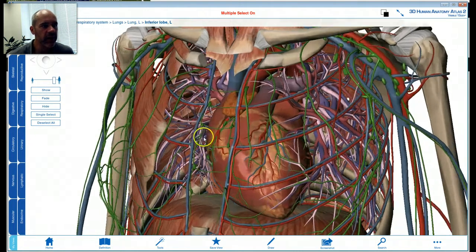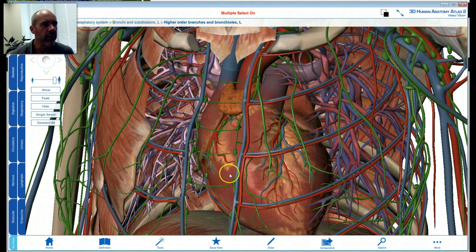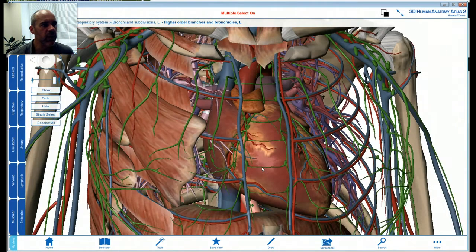And if you're looking closely, many of these little light pink structures, like that one and over here, those are bronchi and bronchioles. Those are little air passages that carry air into the lungs and distribute it throughout the lungs. We'll take a closer look at those shortly.